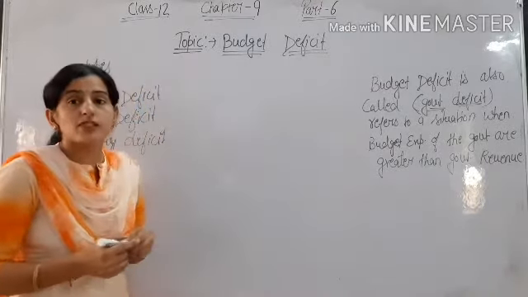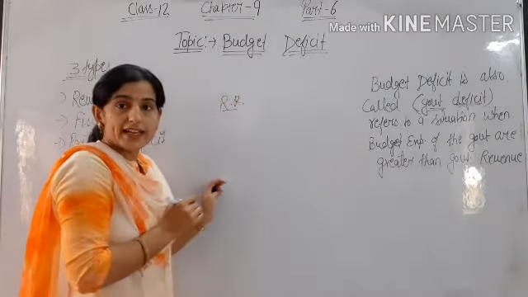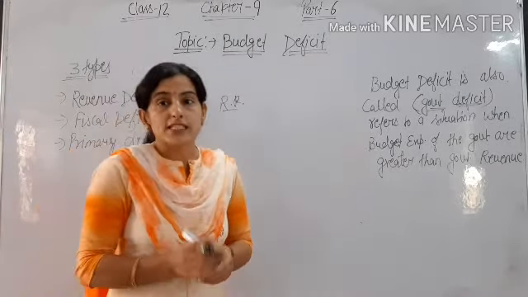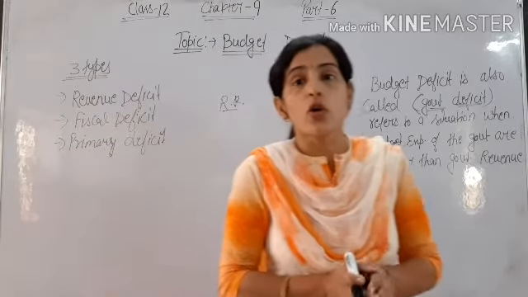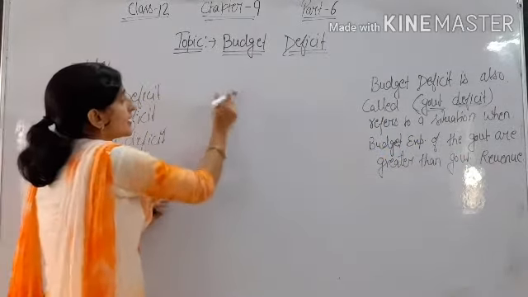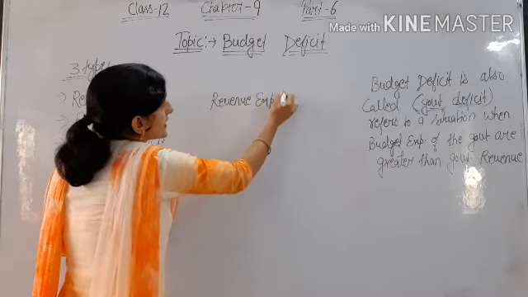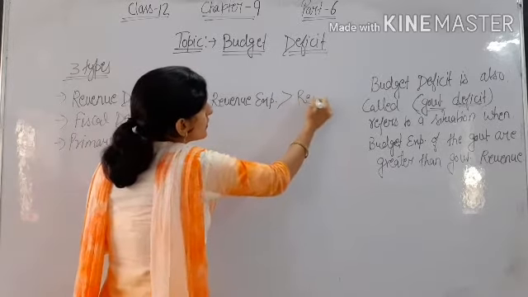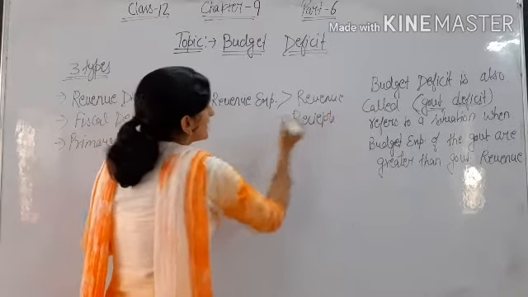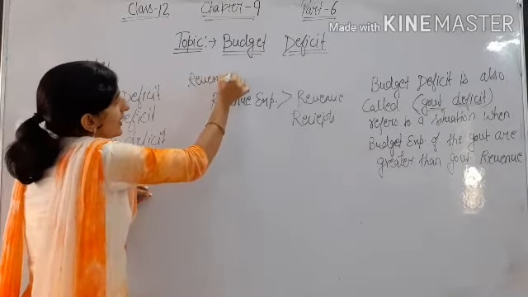So in revenue receipts we include tax and non-tax revenue of the government, and revenue expenditure means the expenditure done by the government on roads, dams, providing health facilities, etc. So if government revenue expenditure is greater than revenue receipts, then there is a deficit, called revenue deficit.